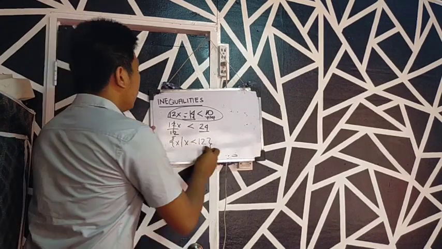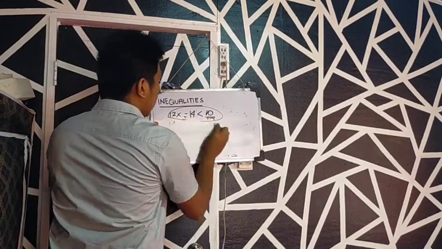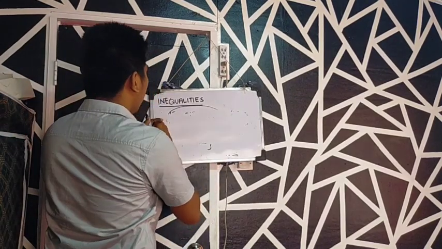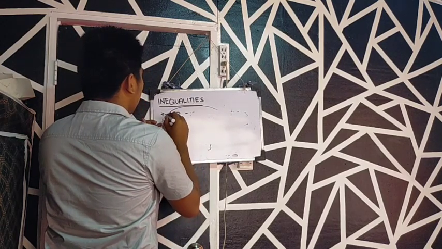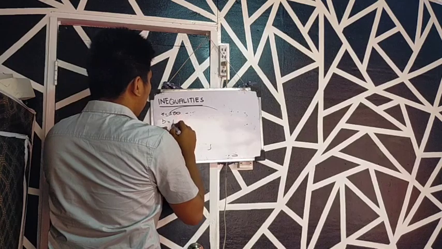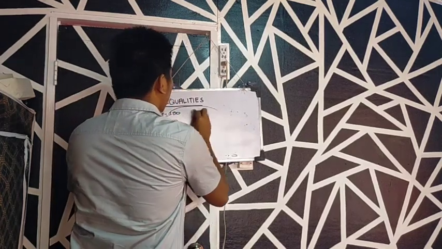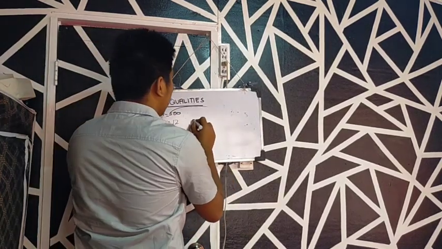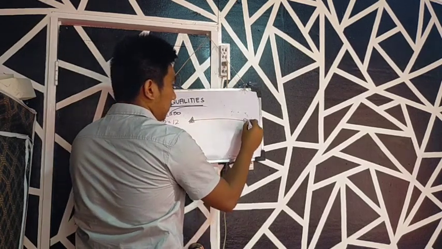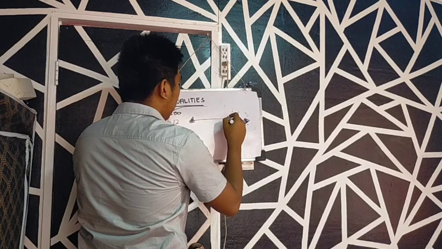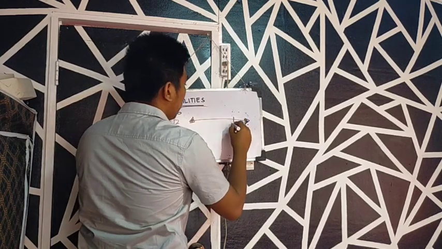Then if I will show you with the number line, the value of our a is negative infinity, then the value of our b is equal to 12. I will show you the number line here. This is the value of our b, the 12.